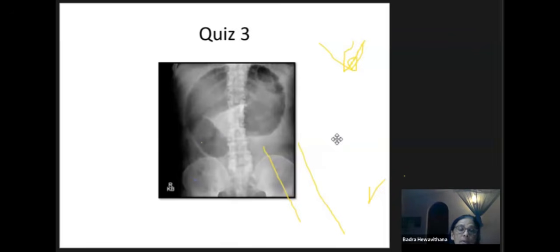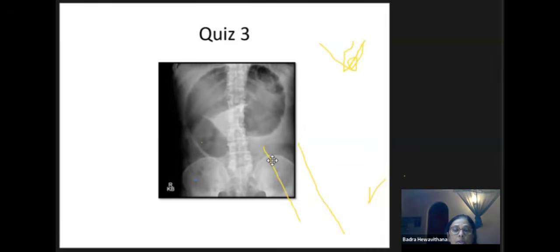Is it sigmoid volvulus? I can give you a clue. Is it sigmoid or cecal? Samita, I can see some names on the screen. Dinoshika. Is it sigmoid or cecal? No gas in the large bowel.